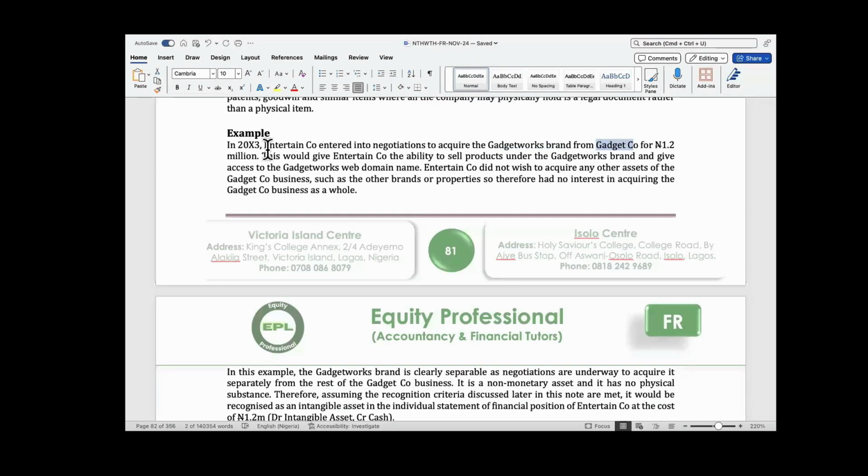All it's interested in is just to use this domain name, that name, so that everybody would also do business with Entertain Co. And it's clear here that Entertain Co. does not wish to acquire any other assets of Gadget Co. So it's only interested in that domain name. That goes to show that the brand name is an intangible asset. And of course, it has no physical substance, but it is an asset.